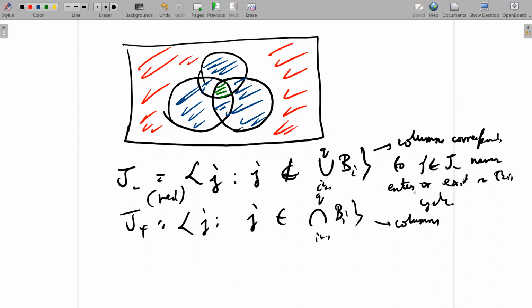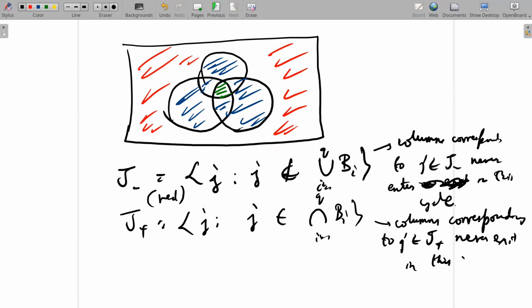So here I should say the columns never enter in this cycle. Okay, I should say never enter in this cycle. So columns corresponding to J in J plus never exit in this cycle.